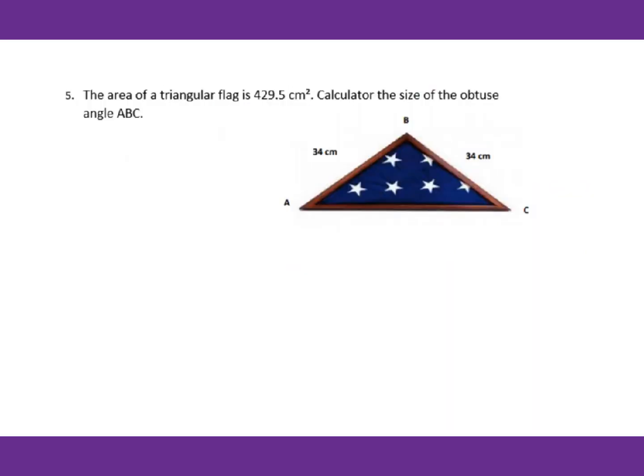Let's go to number 5. The area of a triangular flag is 429.5 centimeters square. Calculate the size of the obtuse angle ABC. So we're looking for this included angle. We know area equals 1/2 AB sine C. So for sine C, you get 2A over AB.